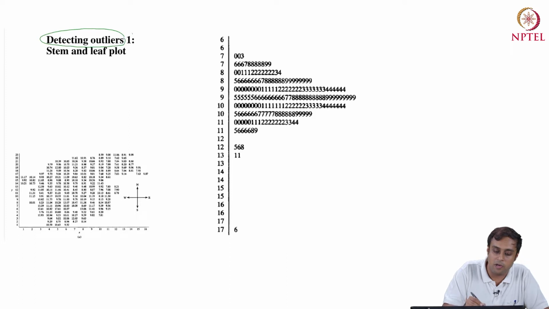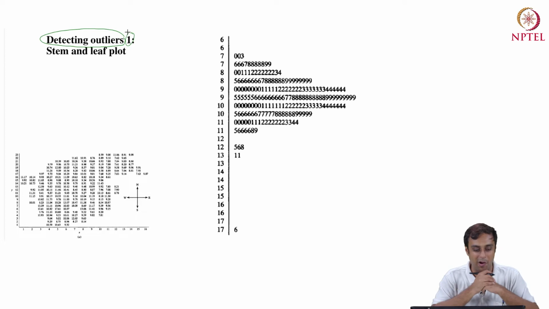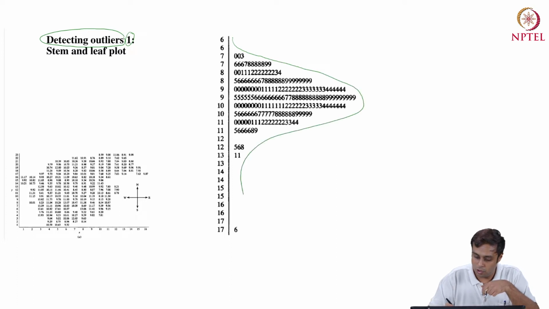And I'm saying detecting outliers 1, that is to say that's the first step towards detecting outliers. What I have here is called the stem and leaf plot, which perhaps was the traditional version of a histogram. If you look at the stem and leaf plot, the way it turns out is a skewed bell curve.